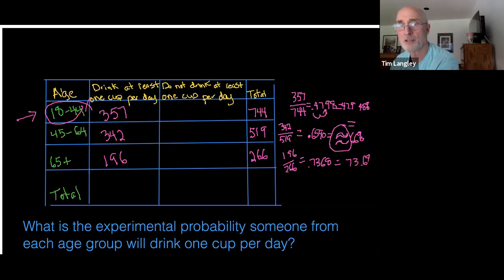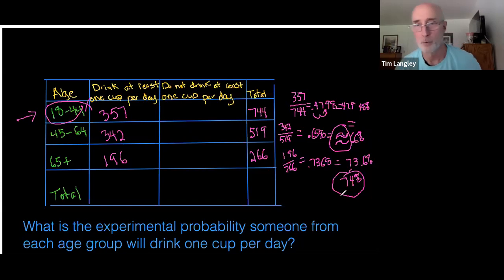Or you could say 74% if you wanted to round it up, because of that 0.6. Now, which age group is most likely to drink a cup a day? Well, this last group here, these older people, 74% of them drink a cup. The 45 through 64-year-olds, 66, and then you have 48. The older people are the ones drinking the most coffee per day, okay?